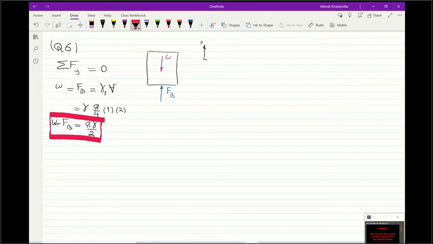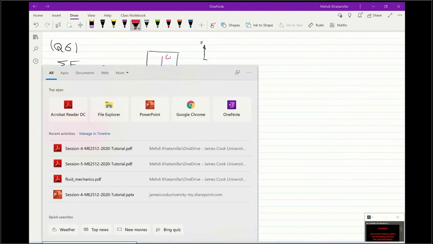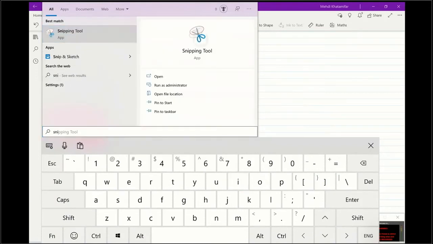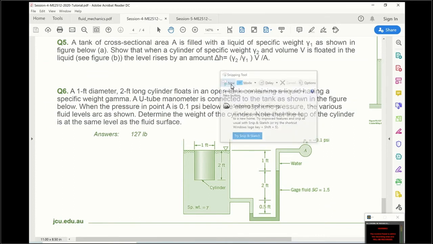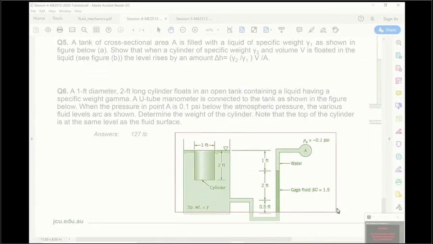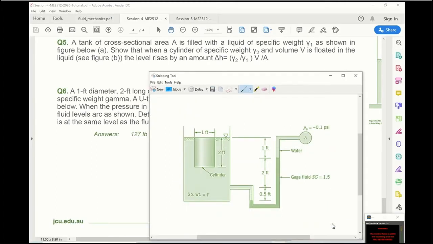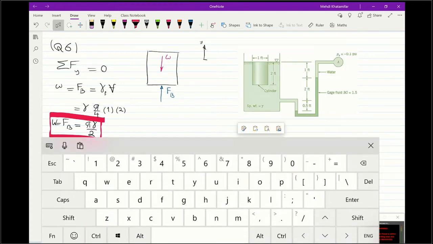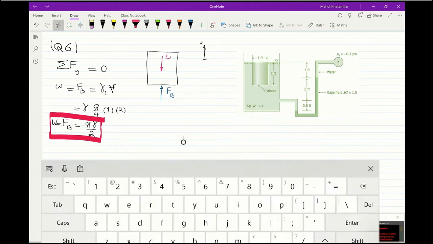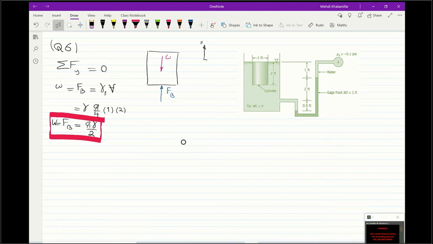Now we need to write down the pressure in the manometer. Let's take a picture of this, and we can use it here. So let's start from the left side.